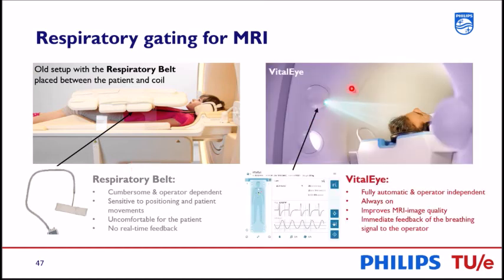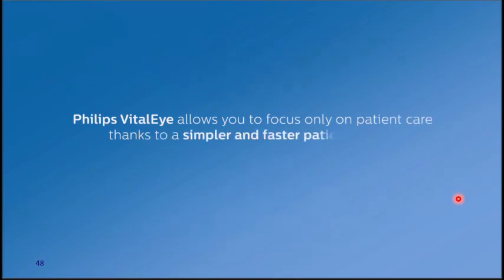The other approach is to use the VitalEye, where we have a camera to sense the respiratory motion, and an active infrared light providing the illumination. By using this, the whole process can be fully automatic and does not rely on operators. It's always on, also improves the MR imaging quality, and can give immediate feedback of the breathing signal to the operator. Here is an introduction of how it works.